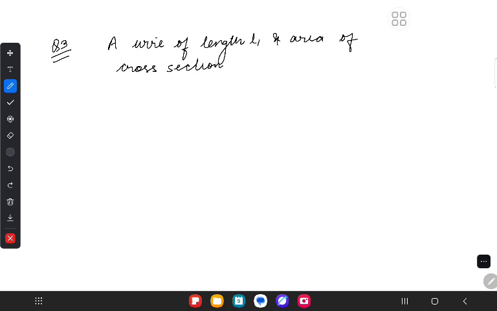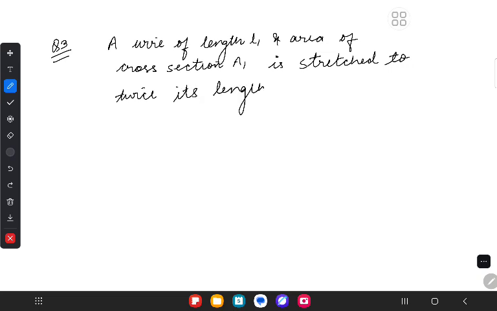Now the next question says, a wire of length L1 and area of cross section A1 is stretched to twice its length.